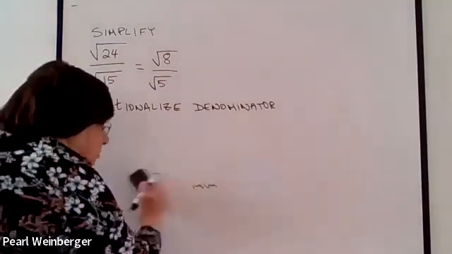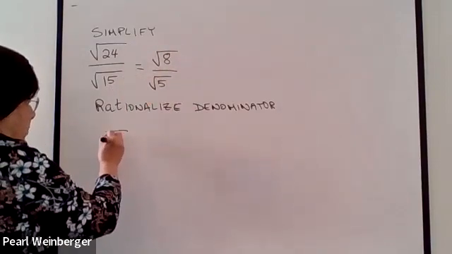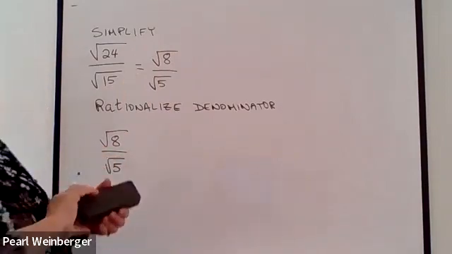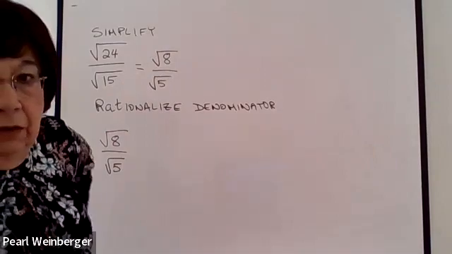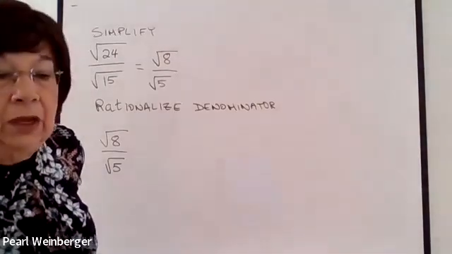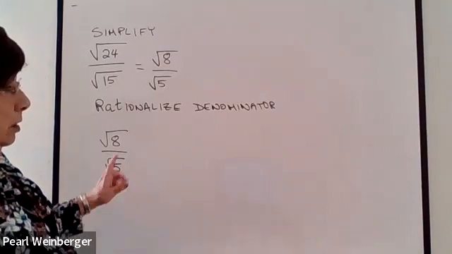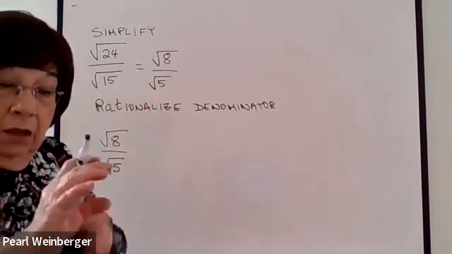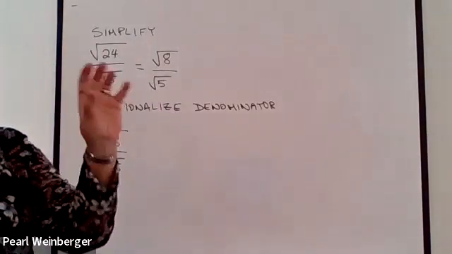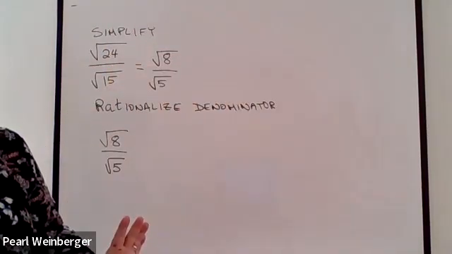So the question is, if we take this simplified version, radical 8 over radical 5, to say rationalize the denominator means to end up with a rational number, a number without a square root in the denominator. And if you think about it, you can play around with your fractions as long as you multiply the numerator and the denominator by the same thing.